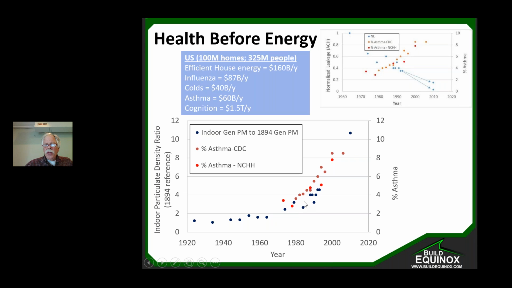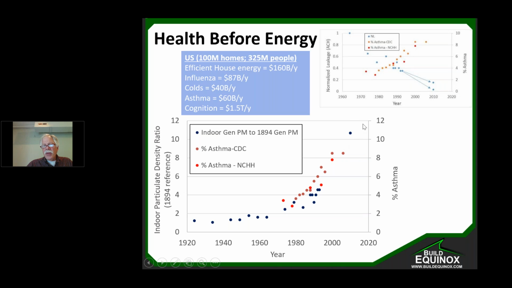If we use that same infiltration data to look at what this means as far as indoor generated particulates, indoor generated pollutants, you'll find that relative to a home back in the early part of last century to today, we have about 10 times the amount of particulates indoors that we had at that time without smart ventilation.